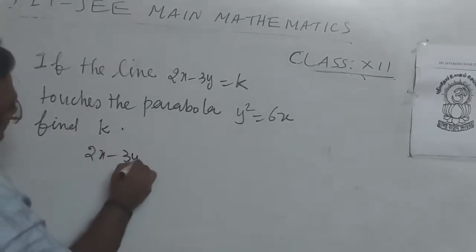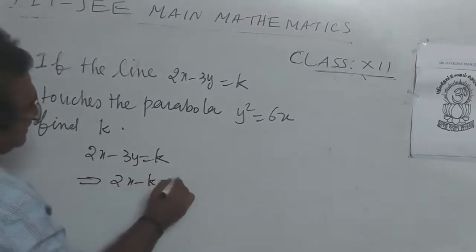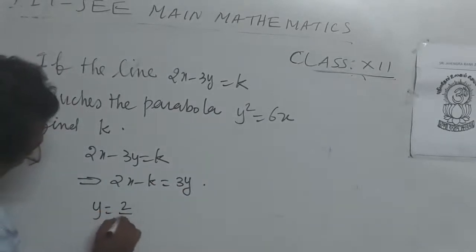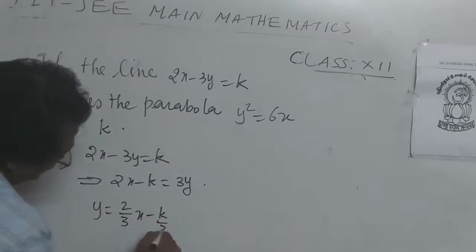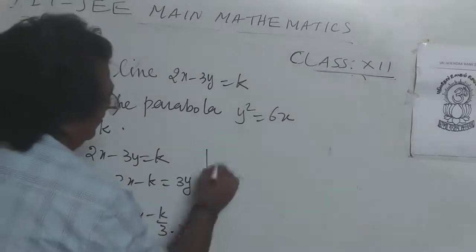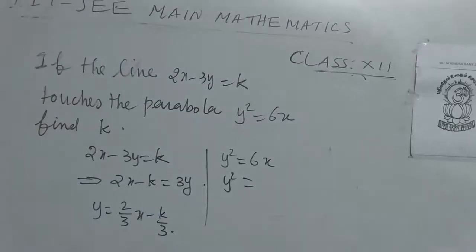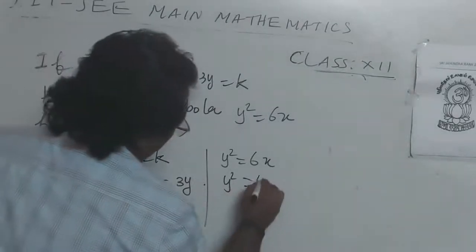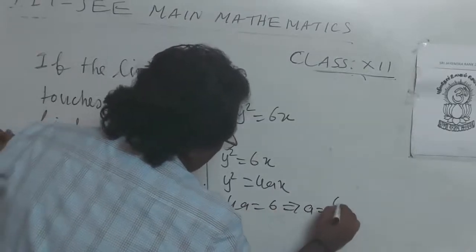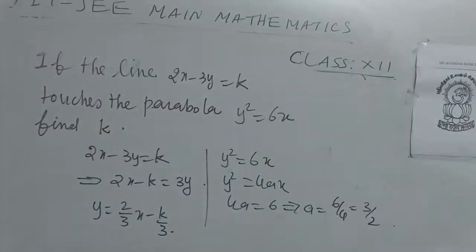2x minus 3y equal to k, which implies 2x minus k equal to 3y. Y equal to 2 by 3 x minus k by 3. Y squared equal to 6x. Comparing with y squared equal to 4ax, 4a equal to 6, which implies a equal to 6 by 4, that is equal to 3 by 2.